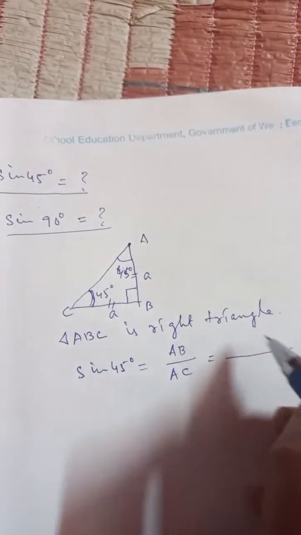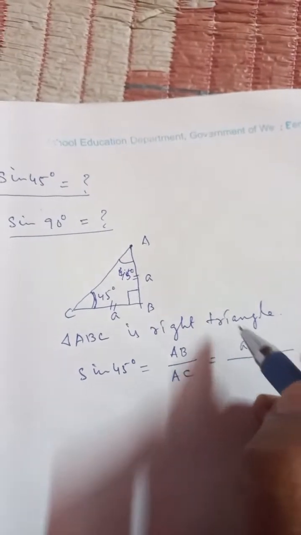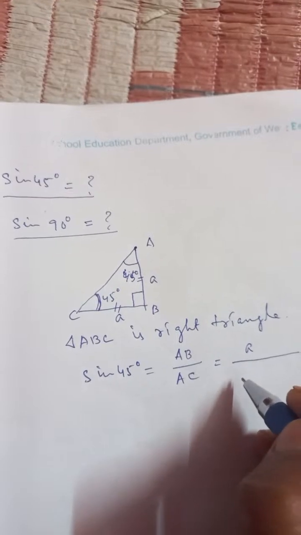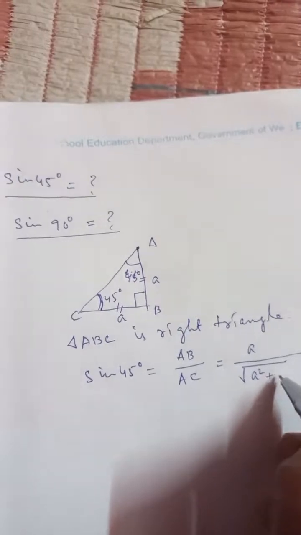Now AB is equal to A and AC is equal to, by the Pythagorean theorem again, root over A square plus A square.